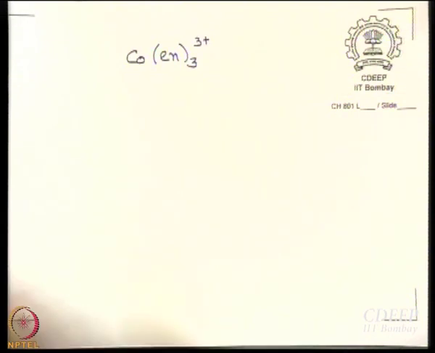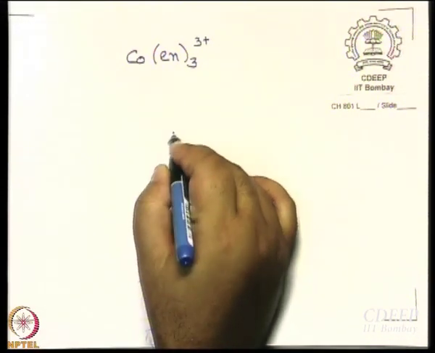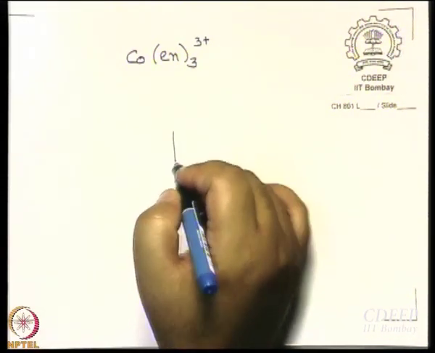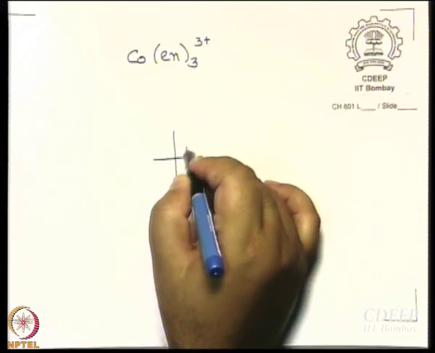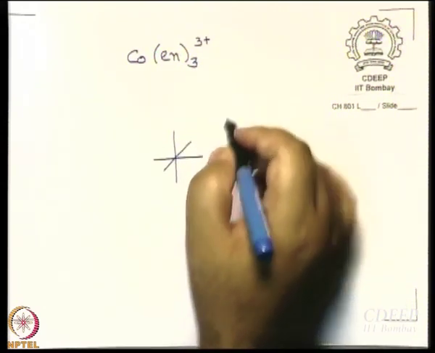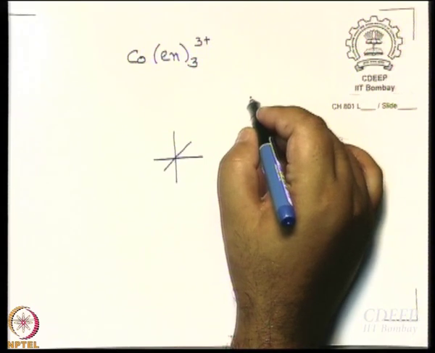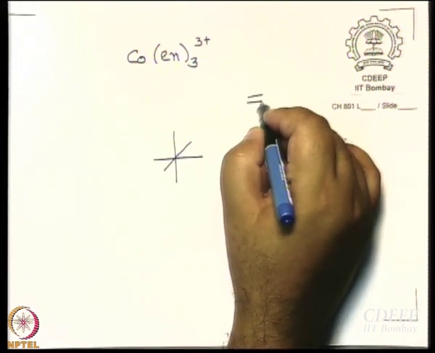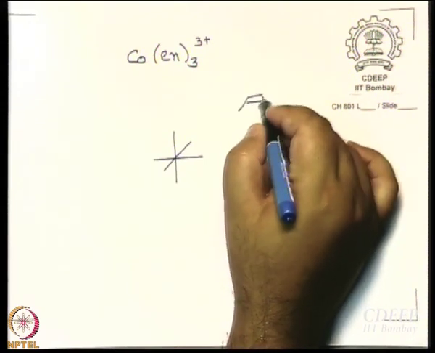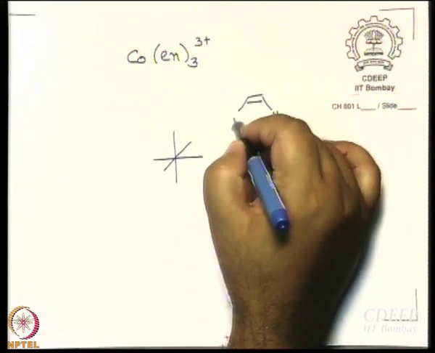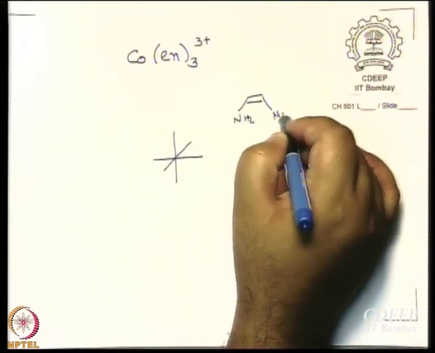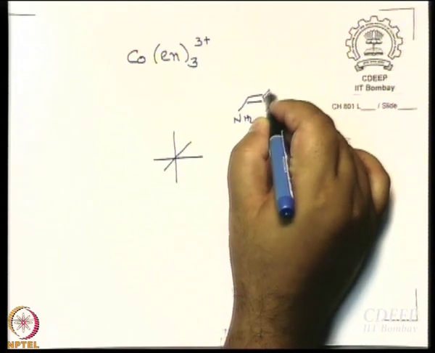What is the structure? I am not drawing cobalt. Okay, it's in the middle. What does ethylene diamine look like? Ethylene diamine, isn't it?